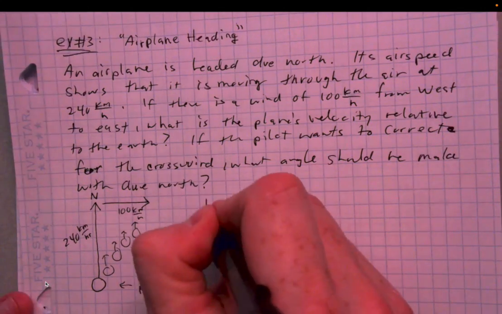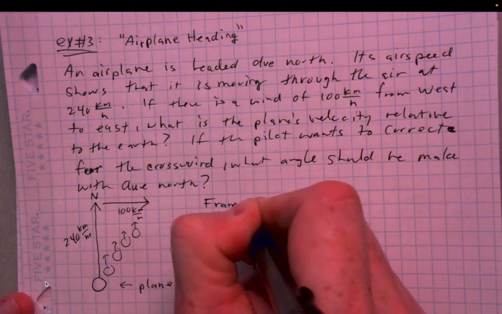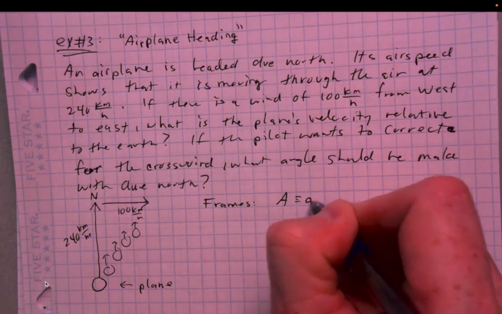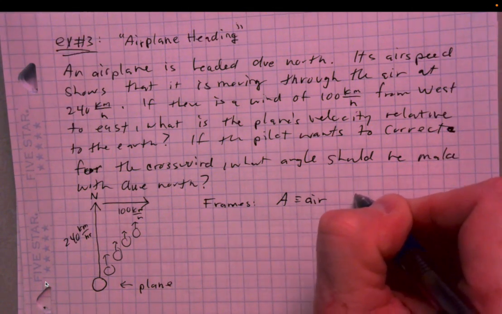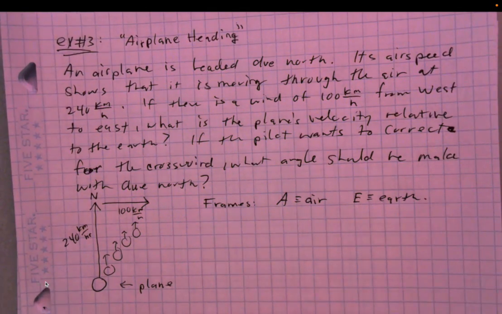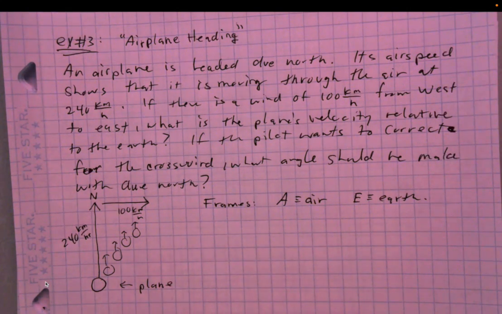Okay, so let's think about the frames here. We'll call A the air, and the other one is the earth. In the river problem, you had the water and you had the shore, the land. And now we've got air and the earth. But what's our relative velocity equation?